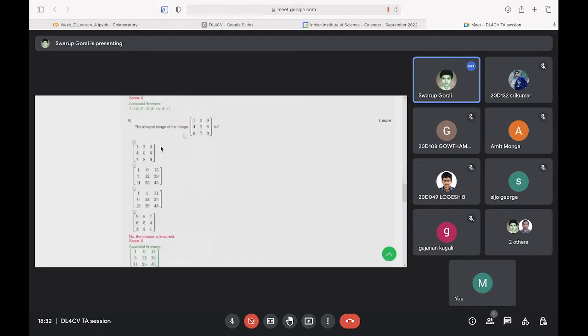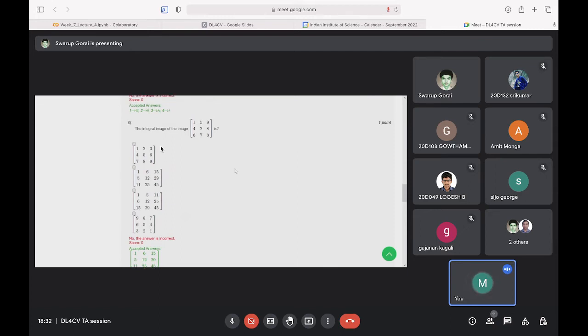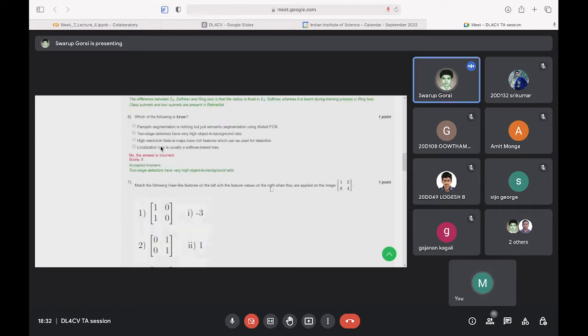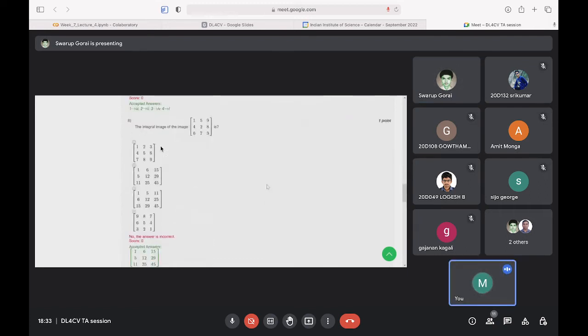Now this one, the integral part of the image. The integral part of the image is, starting from that, at any location the output of the integral image is the sum of all the values until that point. Check, 1 second, I will write.